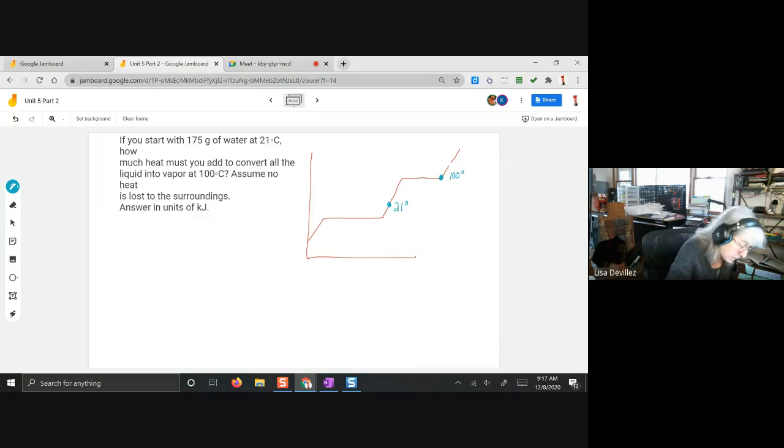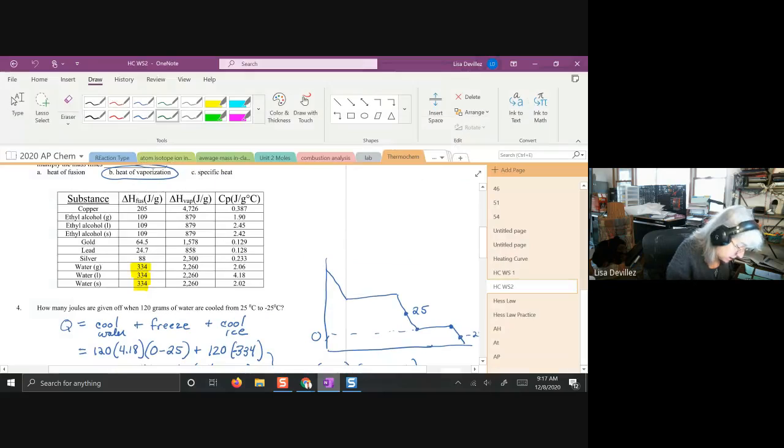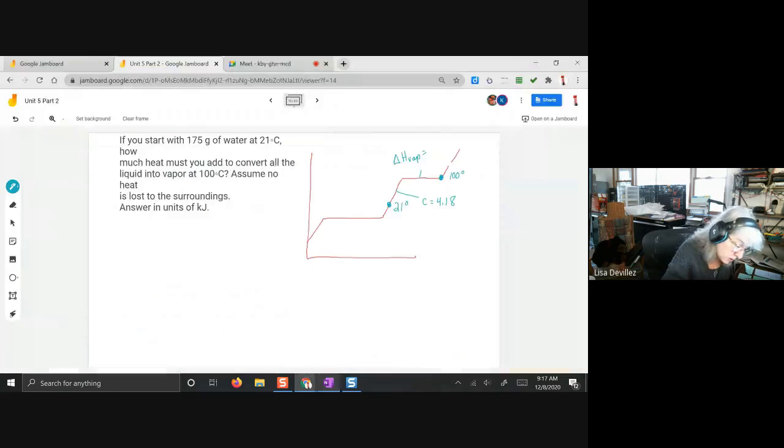So we'll need our 4.18 there. We'll need this one, the delta H of vaporization, and that one was, look at my chart again, 2260 joules per gram.